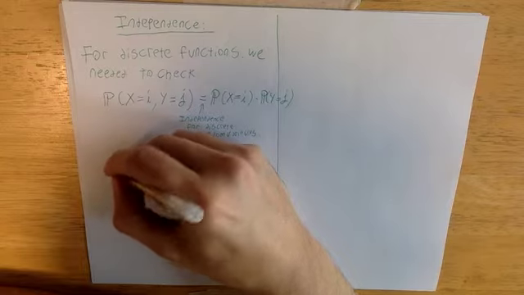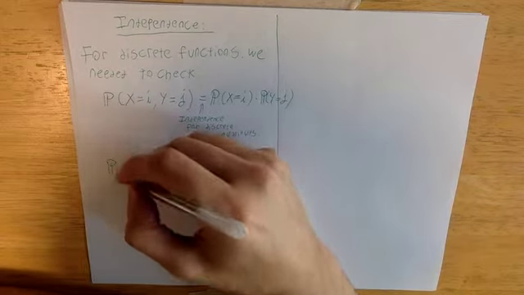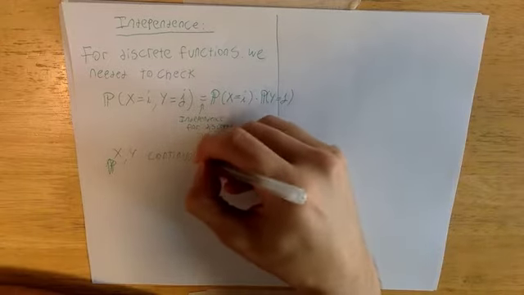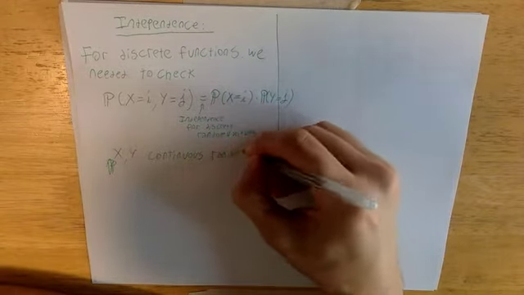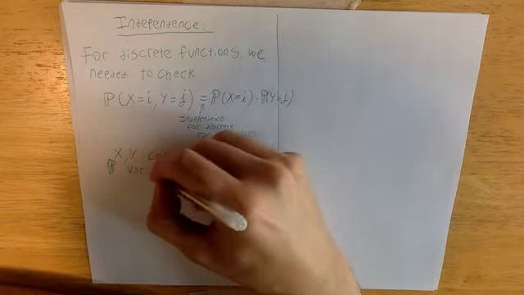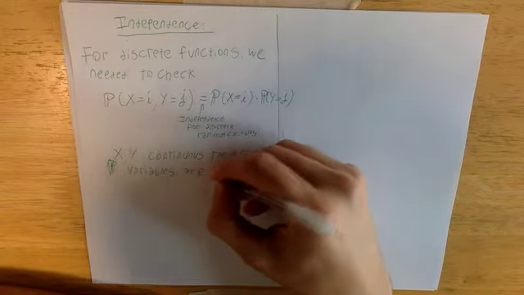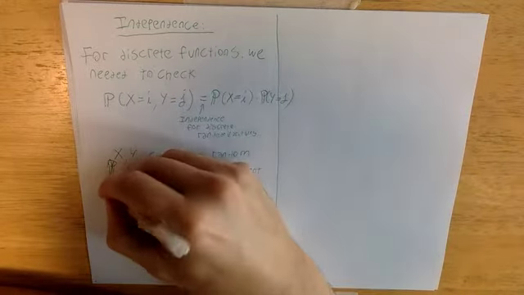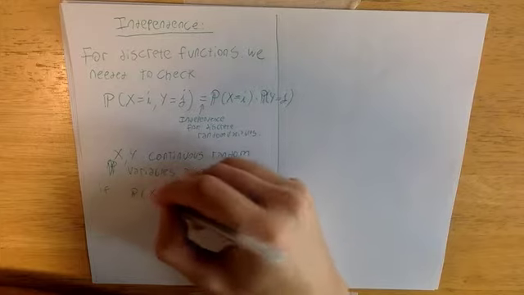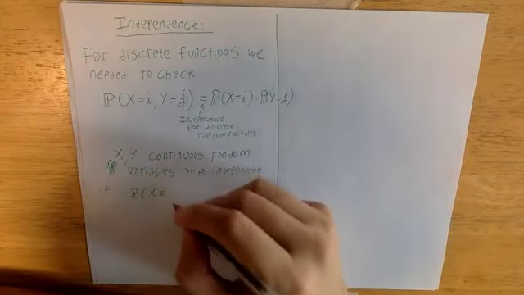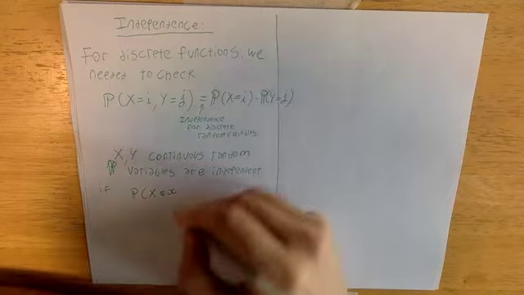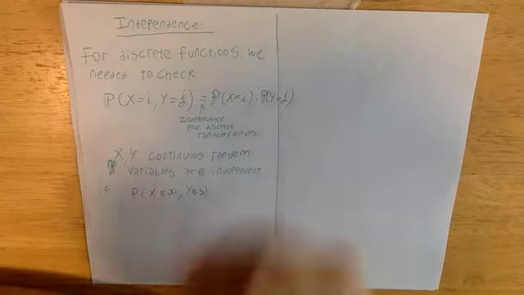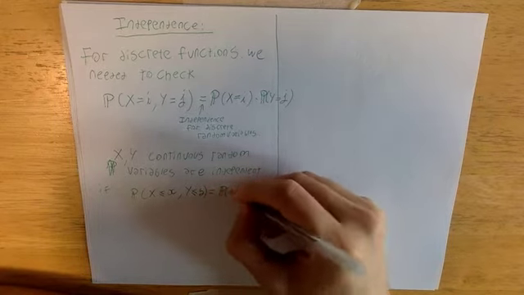So what we need to check is that X and Y, continuous random variables, are independent if the probability that X is less or equal than little x, intersection the probability that Y is less or equal than little y, is equal to the product of these probabilities.